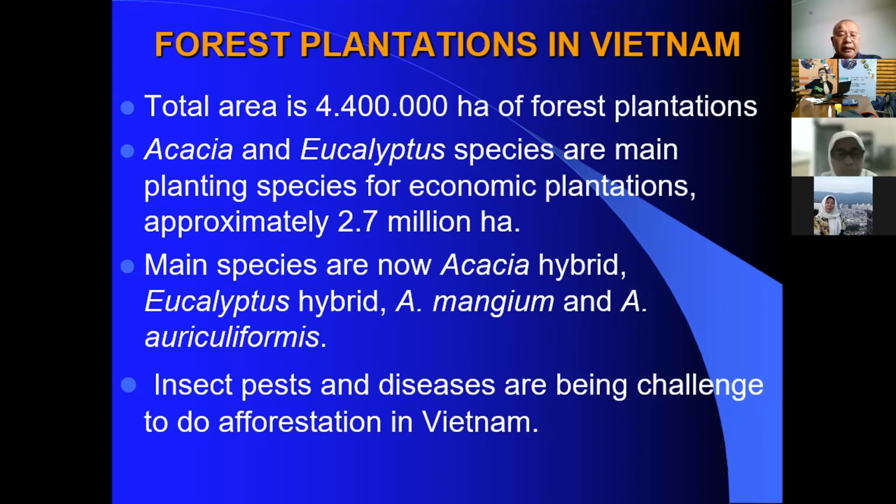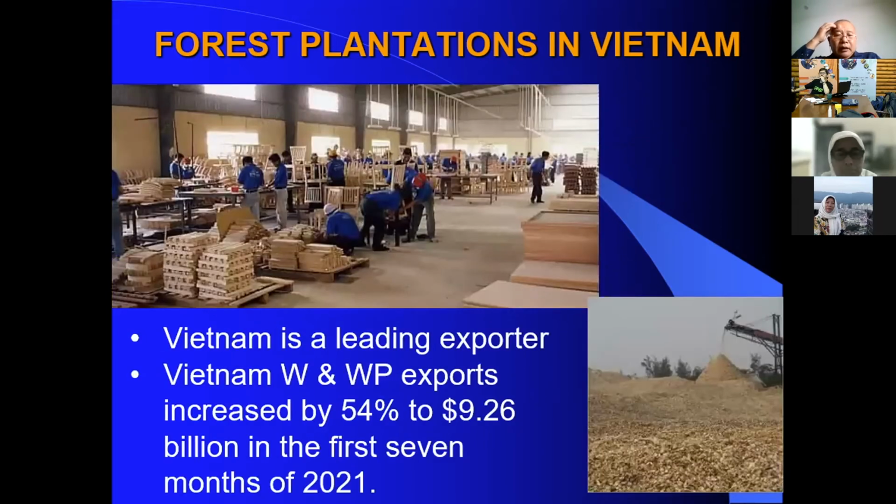The main species now are Acacia hybrid, Eucalyptus hybrid, Acacia mangium, and Acacia auriculiformis. And insect pests and disease are a challenge to afforestation in Vietnam. Here are some pictures to show you.